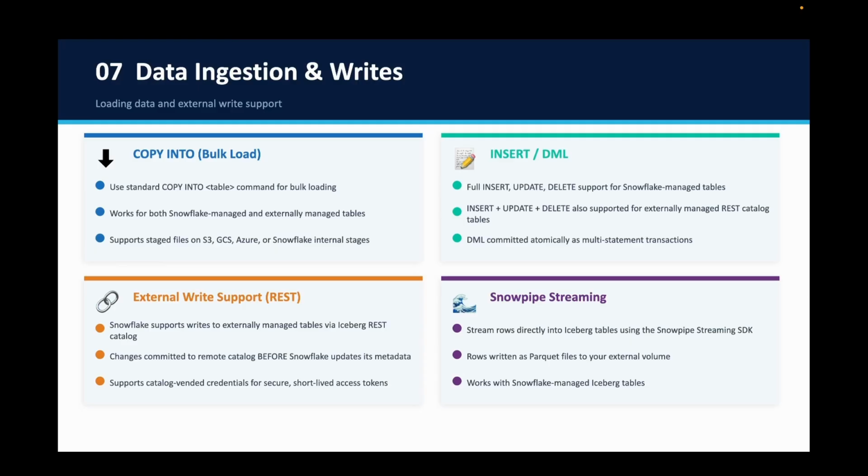It works for both Snowflake managed and externally managed tables. It also supports staged files on the cloud providers or Snowflake internal stages. So typically you can use an external stage or internal stage, select the data from the stage and insert it. For a bulk load, we can say copy into.